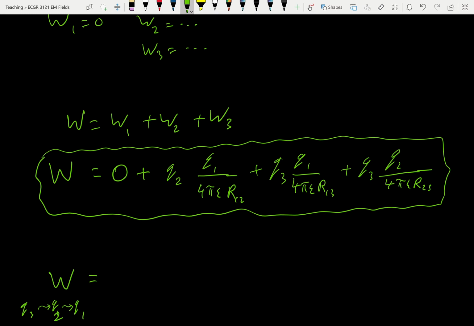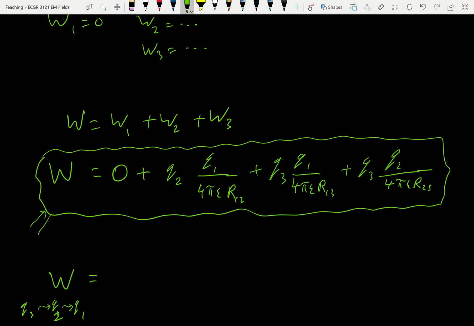If I start with Q3, that means I need to go to this equation, and everywhere where I have Q1, I just substitute Q3. Because Q2 now is the actual second one, Q2 remains the same. Because Q1 now is the third charge, I go to this equation, and everywhere I see Q3, I just put in Q1.